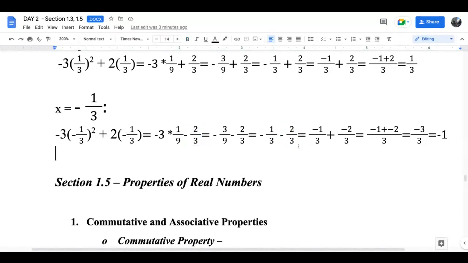Now we have a common denominator, so we can perform the operation with the numerators. We move the negative sign to the numerator. Negative 1/3, the numerator is negative 1. Negative 2/3, the numerator is negative 2. Negative 1 plus negative 2 is negative 3. Negative 3 over 3 is negative 1.